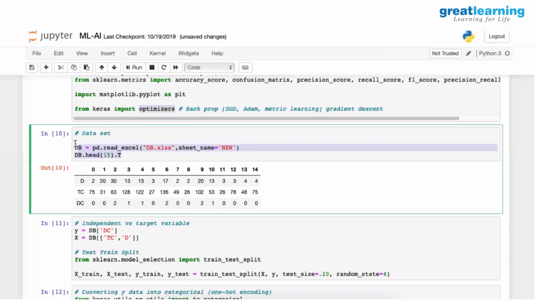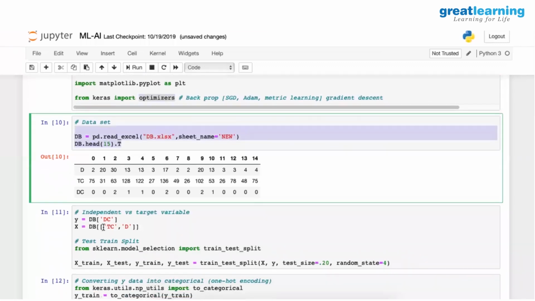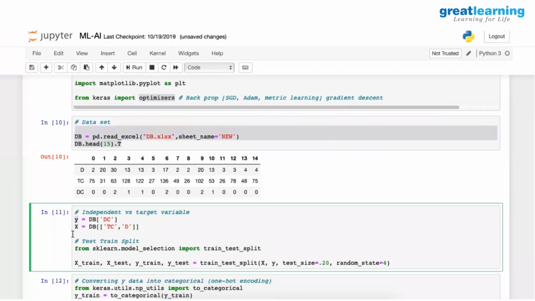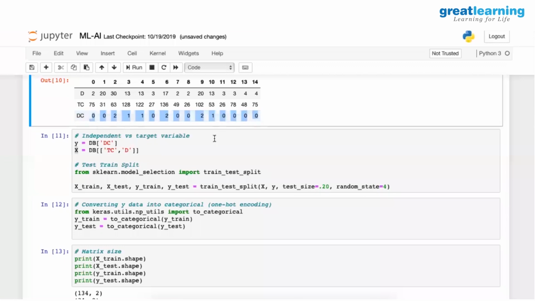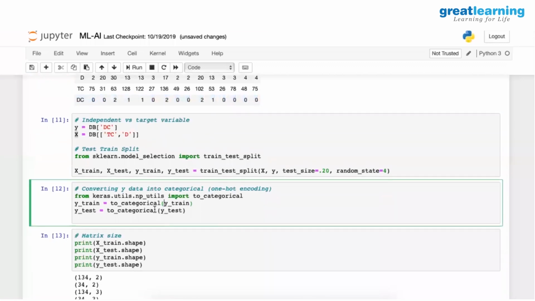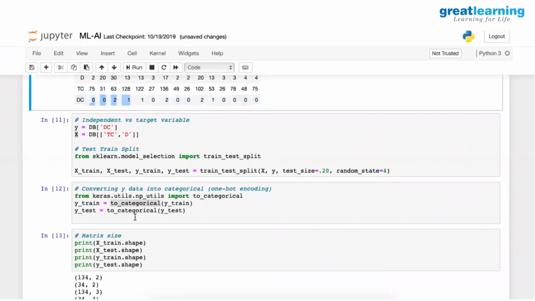As usual, we'll import the data. No change in that. We'll define X and Y. No change in that. The only thing you have to be very careful about is, even if the output is in the form of classes, you have to convert it into categorical. If it looks like a category and it is not categorical, the neural network is going to fail.